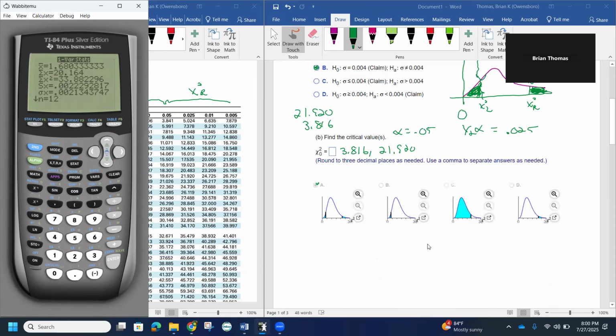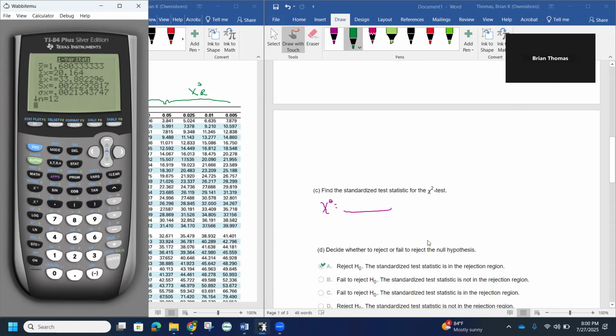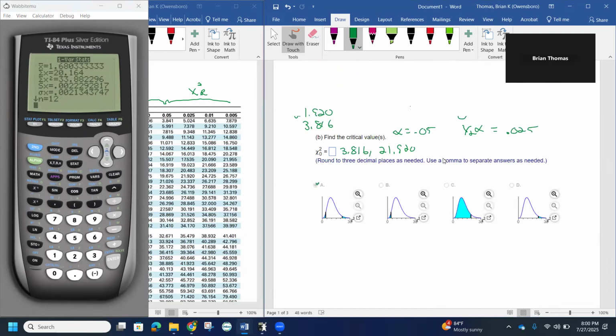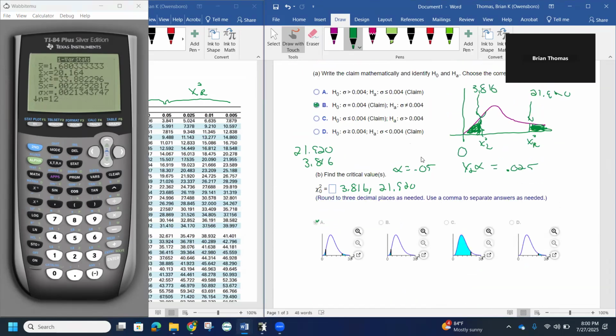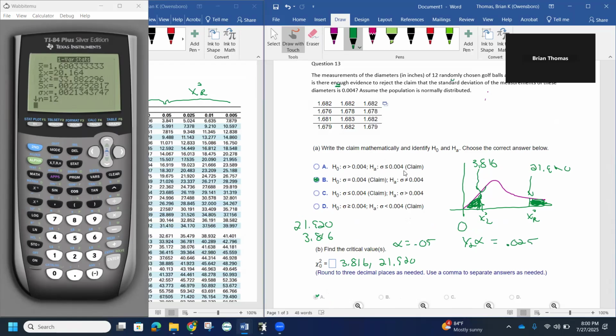Remember, the formula to find the standardized test statistic is the degrees of freedom, n minus 1, times the sample variance divided by the population variance. The population variance was given to us.